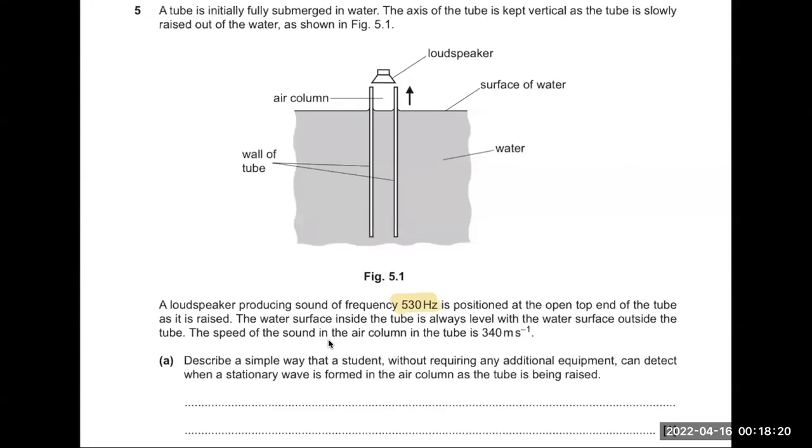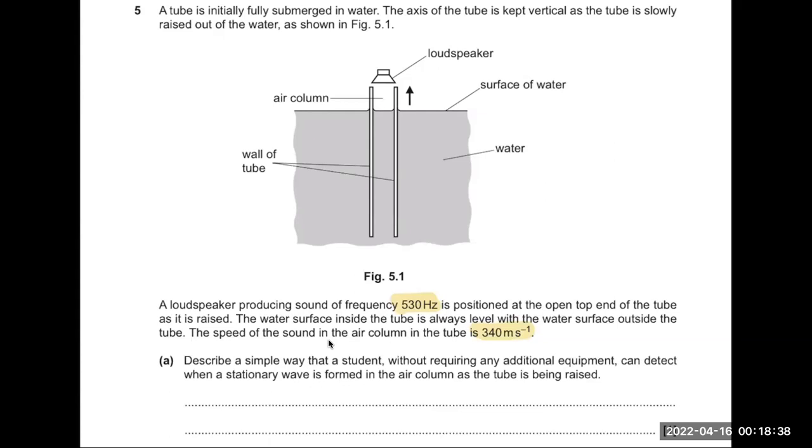The water surface inside the tube is always level with the water surface outside the tube. So this level is equal to this level. The speed of the sound in the air column in the tube is 340 meters per second.